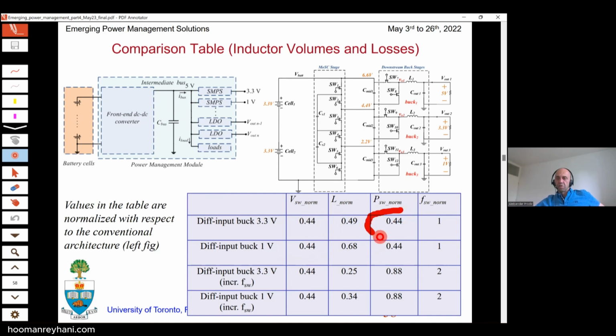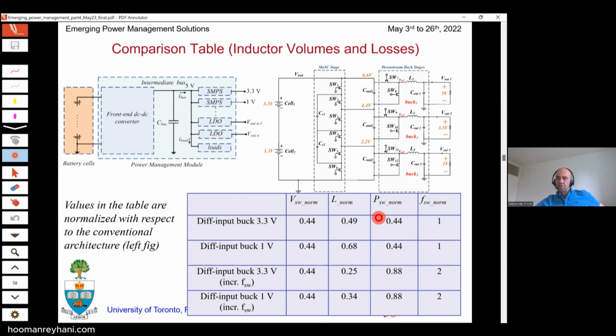And then it also reduces switching losses to just 44% of the nominal value. Here we're showing the switching frequency as nominal frequency, meaning that this multi-stage converter is run at the same frequency as the original stages. However, since we have huge savings in the switching losses, we can double the switching frequency, or in other words, run this converter at a higher switching frequency than what we would be running otherwise, and still be better in terms of the switching losses.